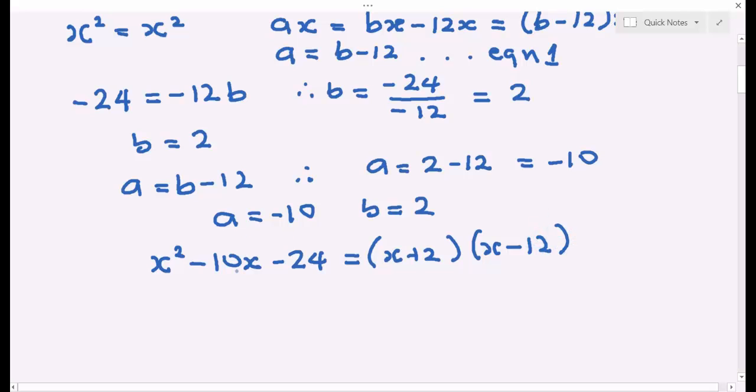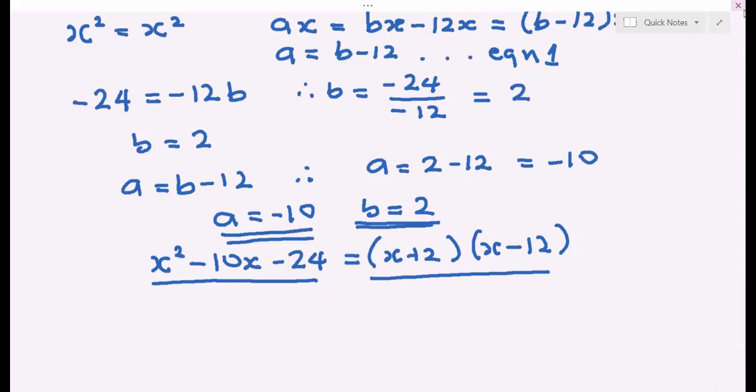Now, what this means is that if you factorize this expression, you are going to get this expression. However, the question says we should look for a and b, where a is equal to minus 10 and b is equal to 2. Let us look at another example.